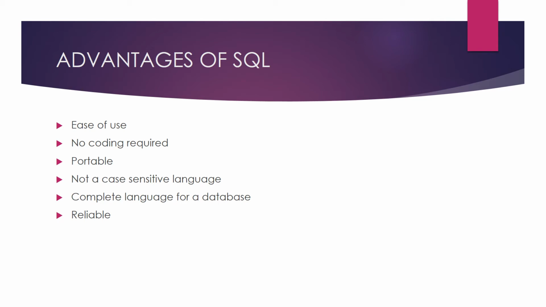Whether you want to create, insert records, search for any record, or delete any record, each and every task can be performed with just a single SQL language. That is why this SQL language is said to be a complete language for a database.